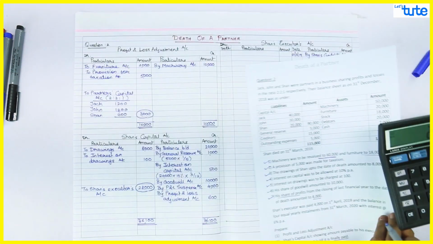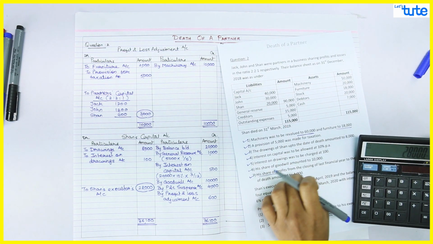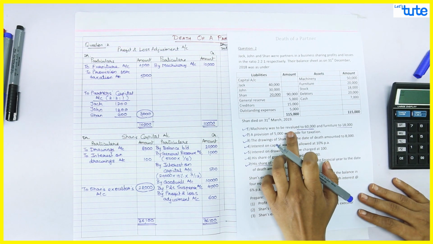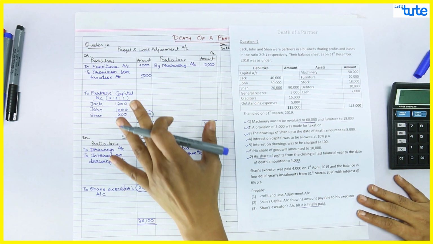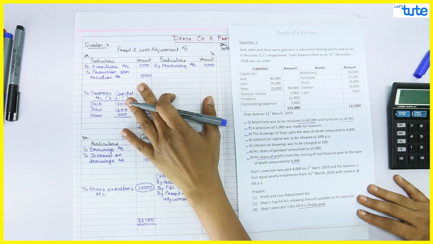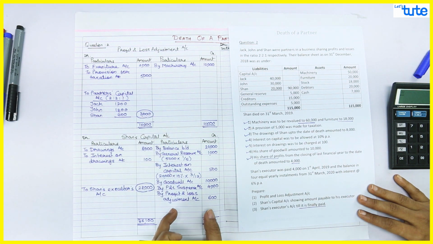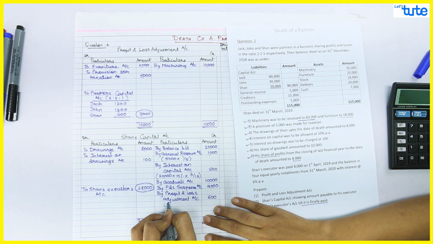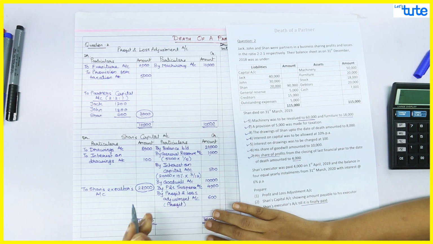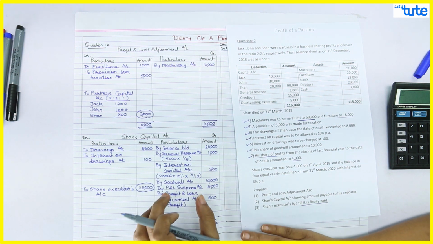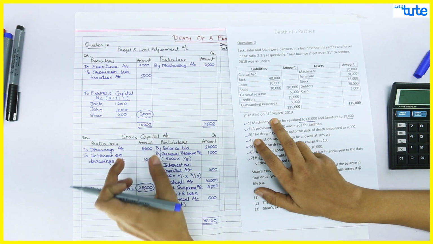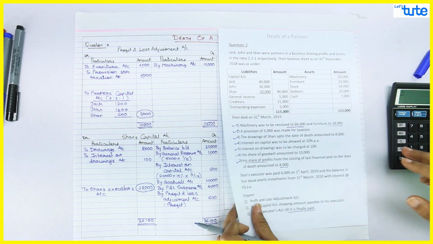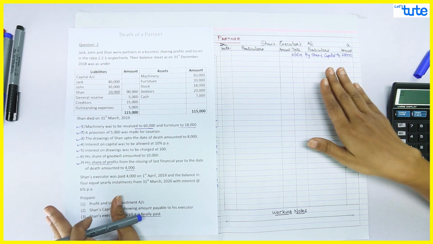So over here we did all the adjustment regarding revaluation for the partner's capital, for goodwill, for share of profit, and then we found out the P&L adjustment profit, and that profit is transferred to partner's capital. Over here we can write as profit, and then close partner's capital. And since that partner died on 31st March, his amount due will be transferred to his executor's account. So that is transferred to Shan's executor account.